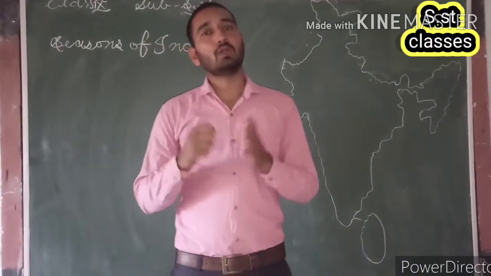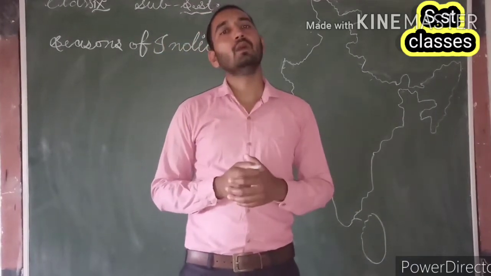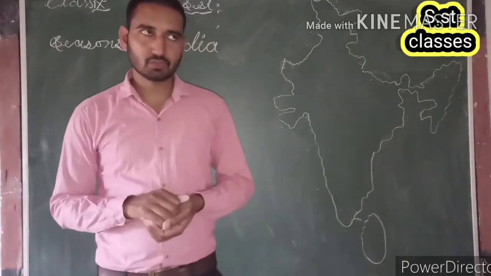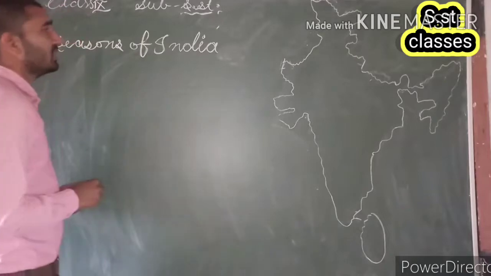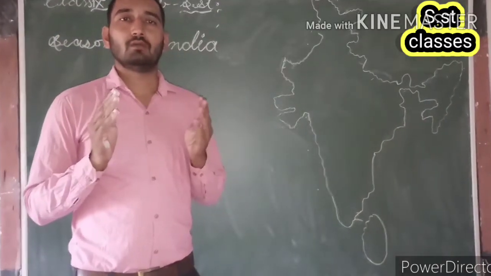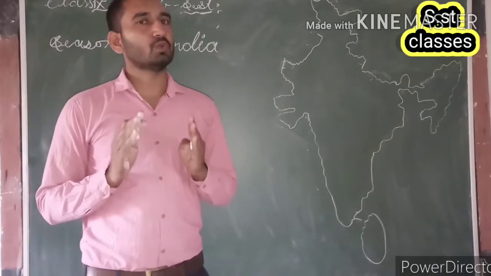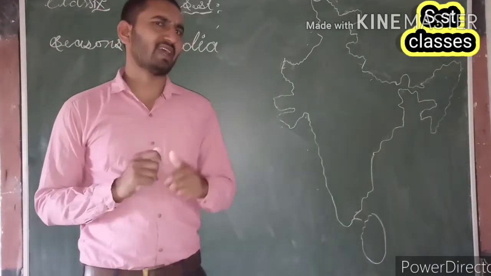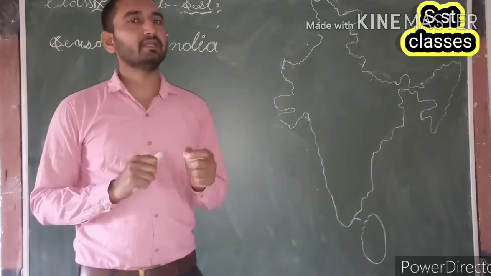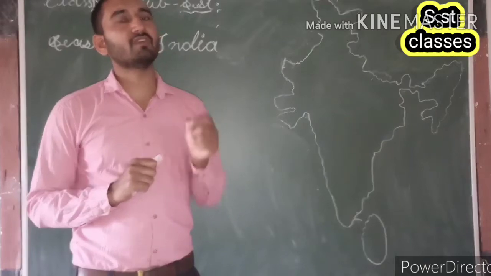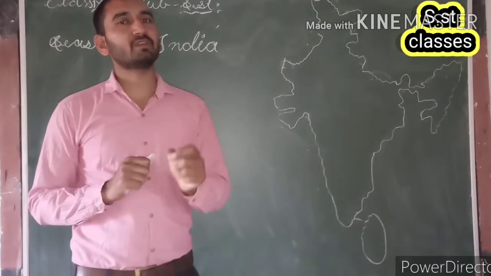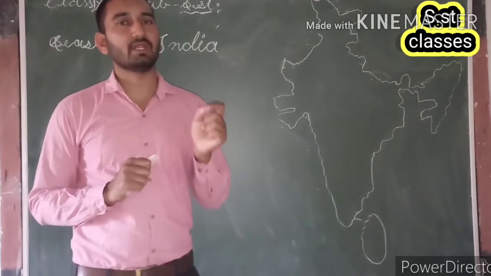So after discussing all these things, here we are going to discuss the Indian seasons. As in the last video, we discussed that we call the Indian climate a monsoon type of climate. So what is the actual reason behind that? The reason is that the Indian climate experiences a change of seasons, and along with the change of season, it also experiences a change in the direction of the wind system.